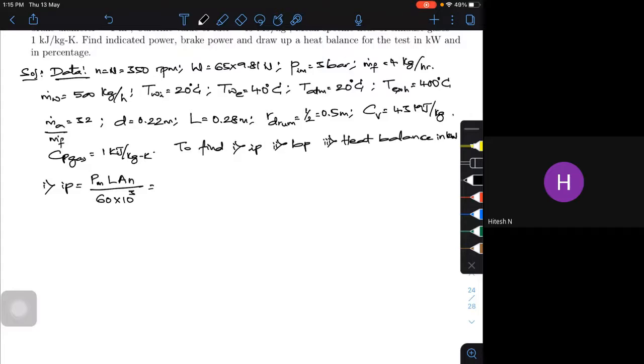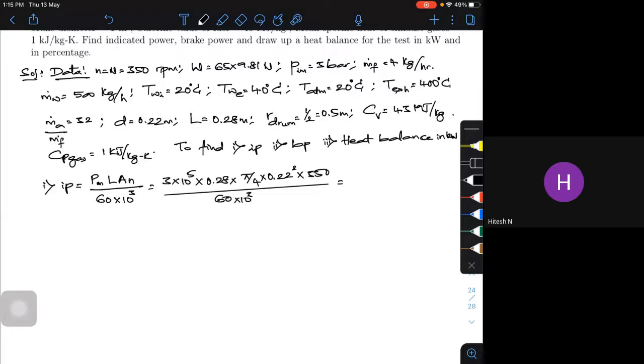It's a two-stroke engine, so small n is equal to capital N. Mean pressure is 3 bar, 3 into 10 to the power of 5, into stroke length 0.28, into cross-section area pi by 4 into 0.22 squared, and speed 350, divided by 60 into 10 to the power of 3.